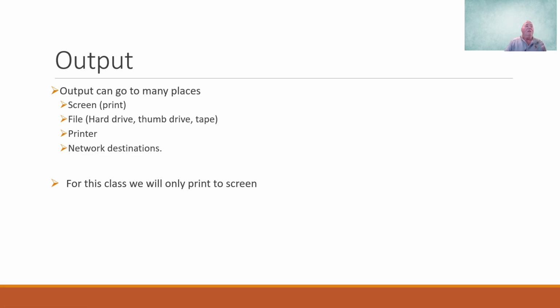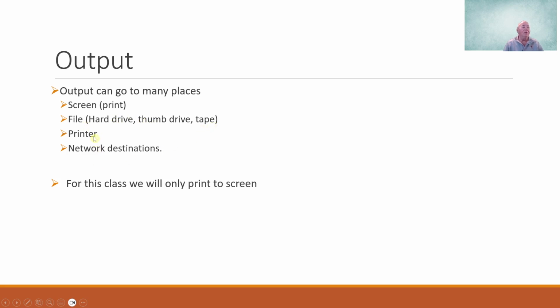So output. There are lots of different places you might put output. Screen, you've seen. That's your print command. However, you might want to print to a file, to save things to a file. That's something that goes to a hard drive, or maybe a thumb drive, or maybe even old tape.